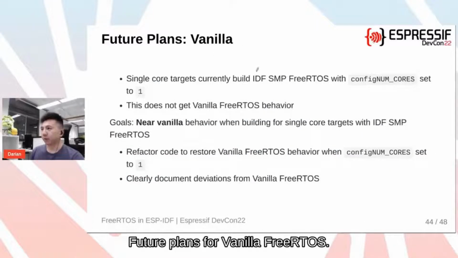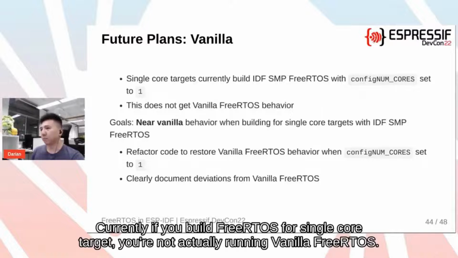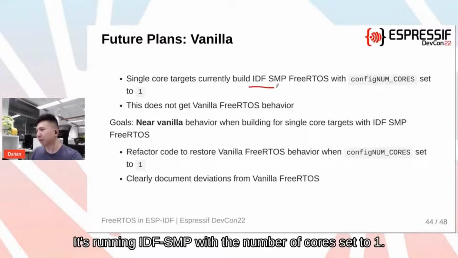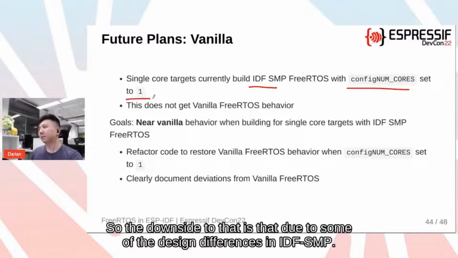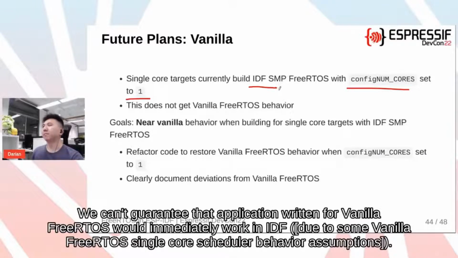Future plans for vanilla FreeRTOS. Currently, if you build FreeRTOS for a single core target, you're not actually running vanilla FreeRTOS. It's running IDF SMP with the number of cores set to 1. The downside to that is that due to some of the design differences in IDF SMP, we can't guarantee that an application written for vanilla FreeRTOS would immediately work in IDF.